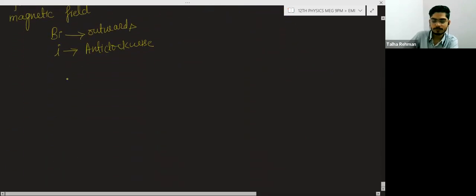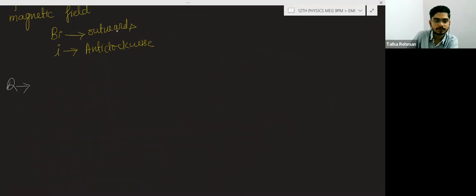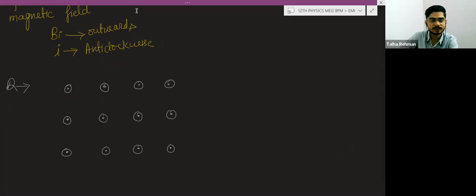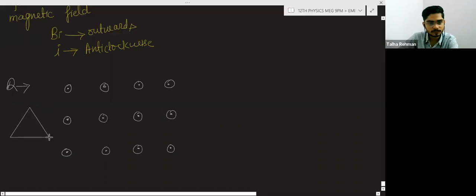So I am taking one question. Here the magnetic field is outwards. And in this magnetic field, suppose there is a triangular coil. This is the triangular coil, and this triangular coil is entering.